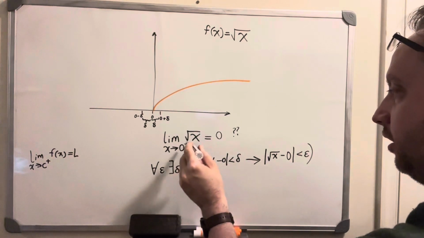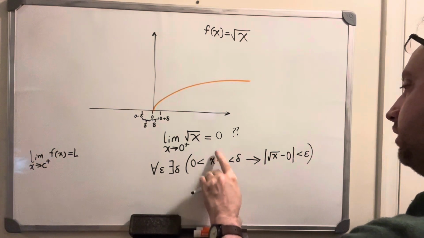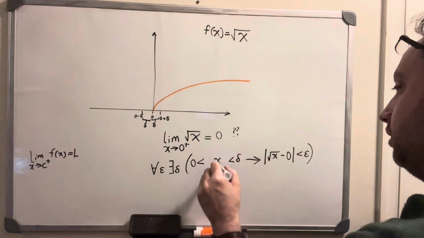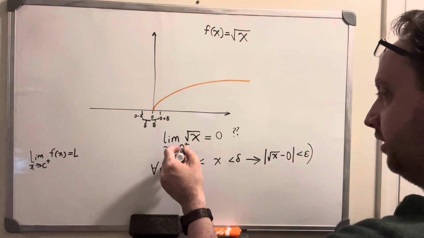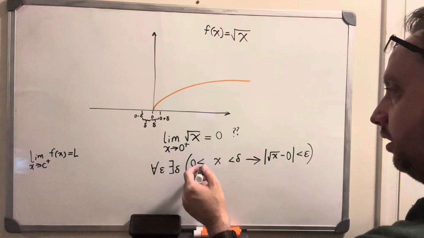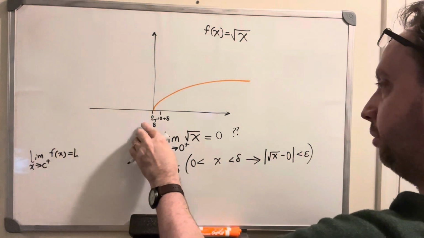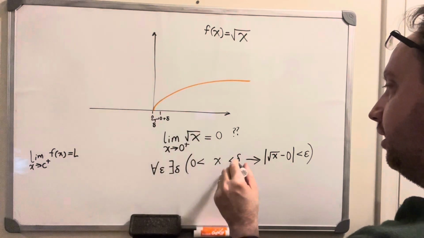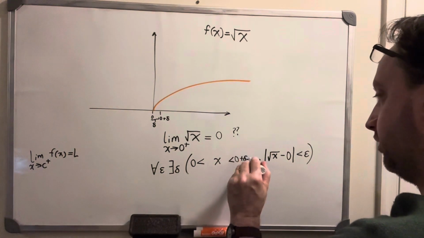So you put this here, and now what you have to say is for all x greater than the c value, in this case specifically the 0, it's only the open interval greater than the target value and less than the target value plus the delta.